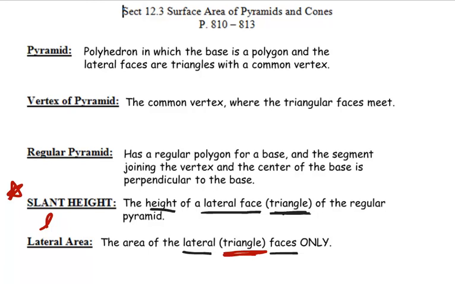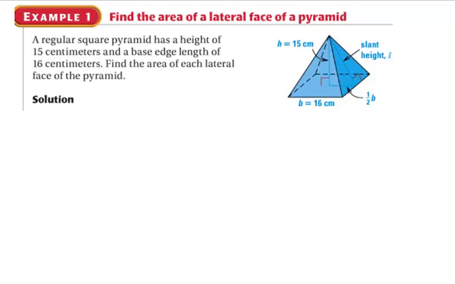All right. So here's a picture of our pyramid, and my base is 16 centimeters. Since I have four sides here, I'm going to say this is a square, but it tells me right here that my base is 16 centimeters. Okay, y'all can laugh at me now. I better read the problem.